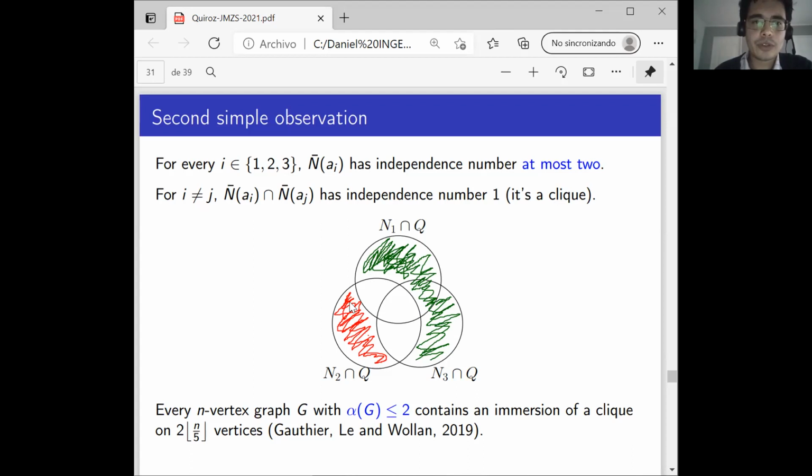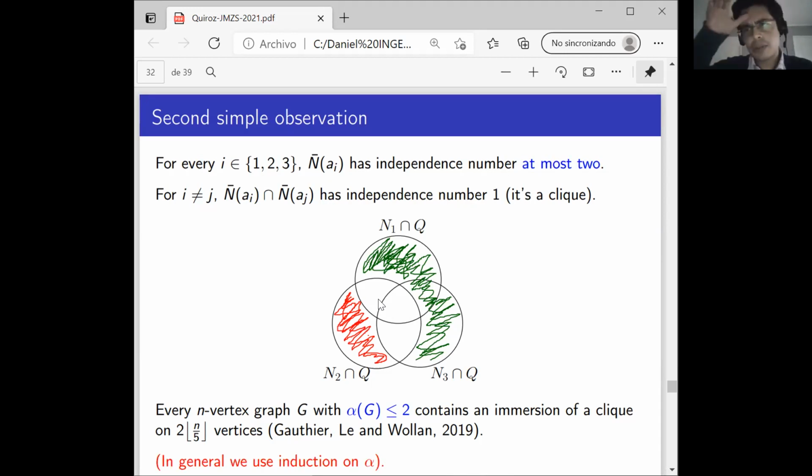This cannot be too large, because otherwise I find the clique immersion that I want. And the green bit cannot be too large because it has independence number at most 2, and then I can use the result of Gauthier, Lee, and Whelan. So this green bit is not too large, and this red bit is not too large. So this bit here is large. And same if I only take these 2 petals or these 2 petals. So these bits need to be large.